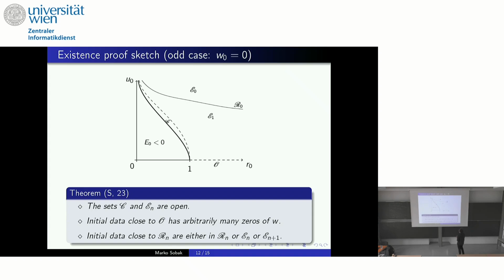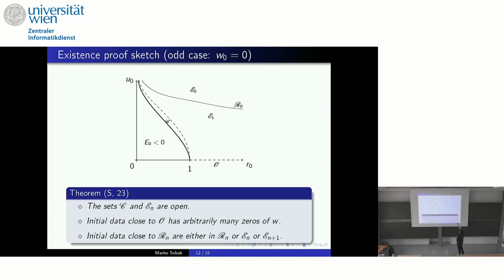But the way to avoid this is that instead of taking your infimum only over E0, you take it over E0 in union with R0. Then you still land in R0 by the same argument as before, and you know for sure that you can't have less than one zero anymore because you already took the infimum over that.